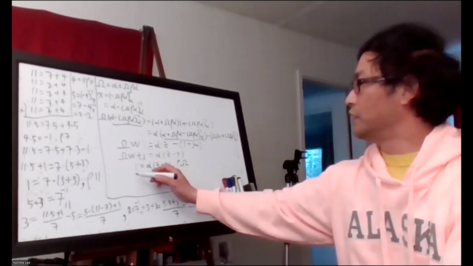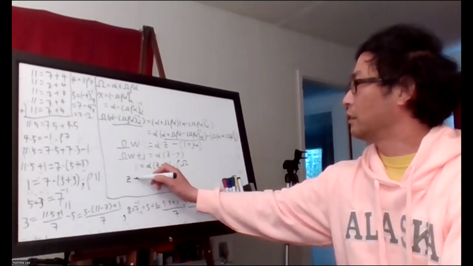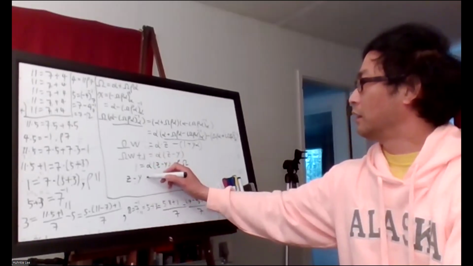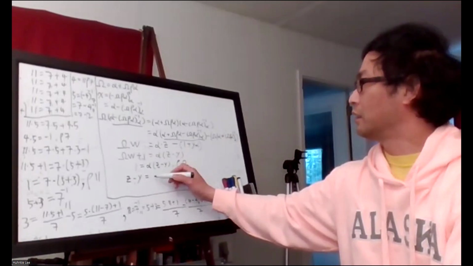So Z minus Y, basically, is alpha inverse rho omega.